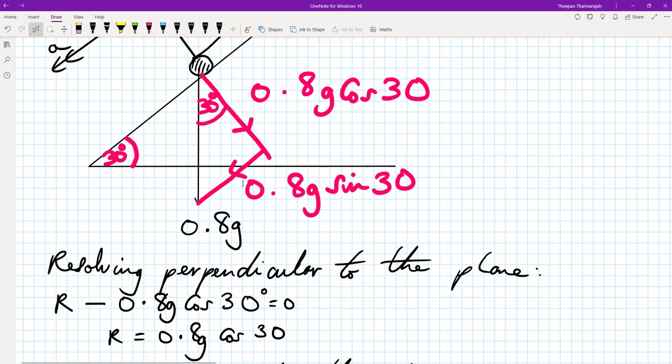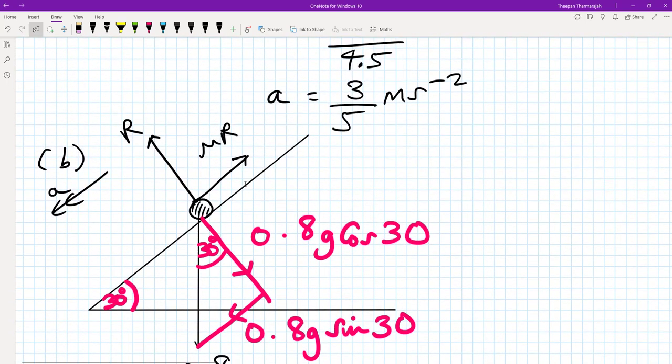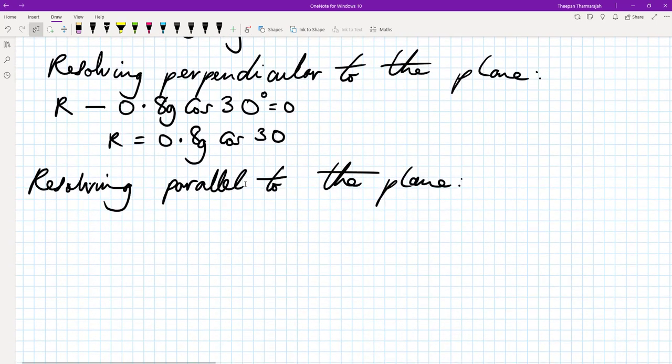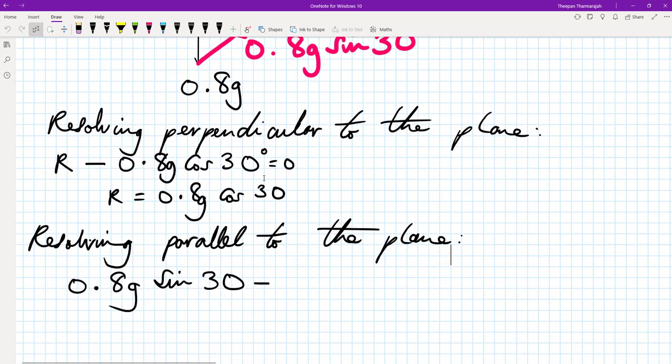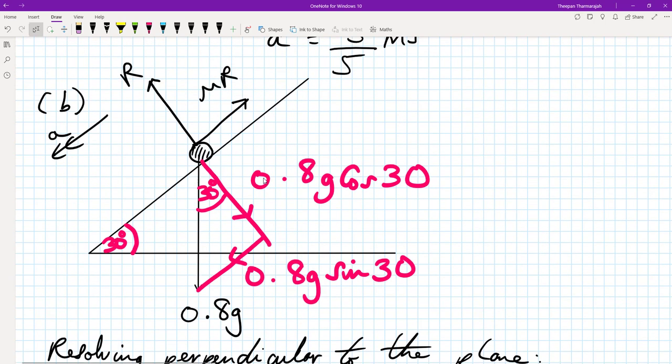So what's happening parallel to the plane? We always resolve in the direction of motion. So the force that's coming down is 0.8 g sine 30, minus mu times R. So minus mu, and we know what R is. It's 0.8 g cos 30 degrees. Don't forget it's moving, so we've got to say mass times acceleration.